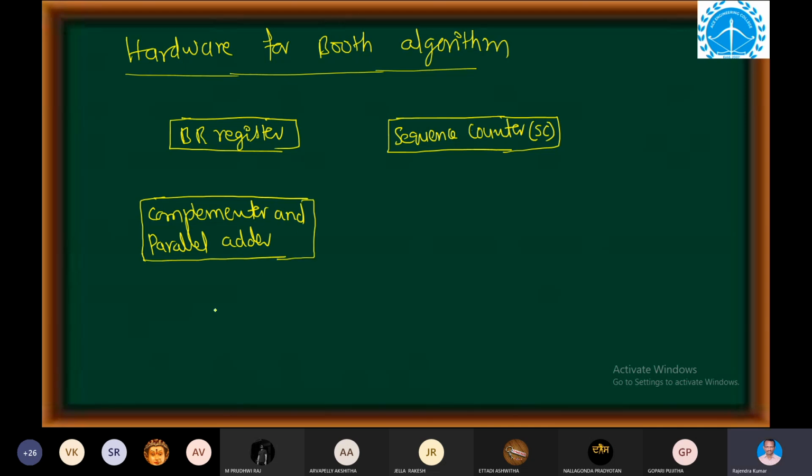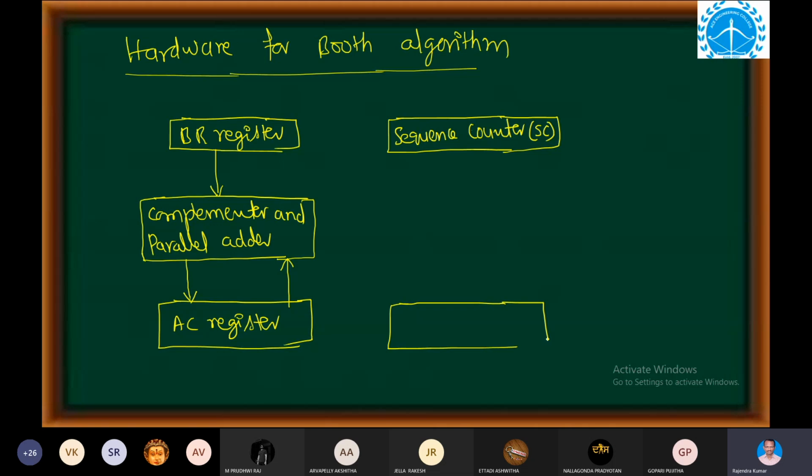Next we take the accumulator register. The BR register is one input for the complementer and parallel adder, and the accumulator register is the other input. After that, the result is stored in the accumulator. And we are taking another register, the QR register.